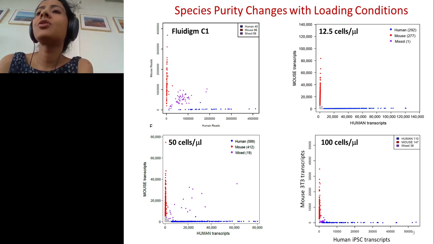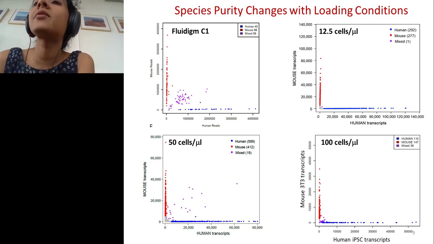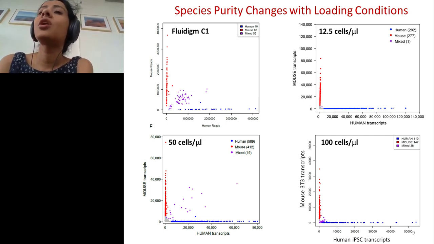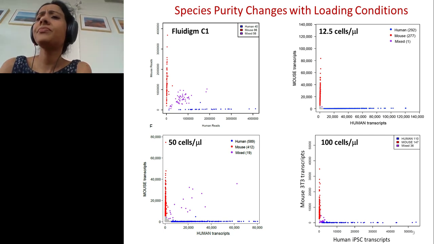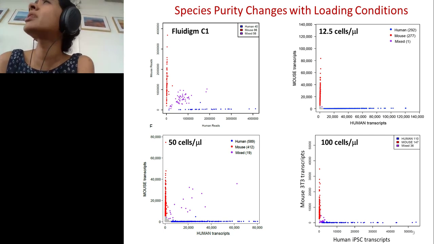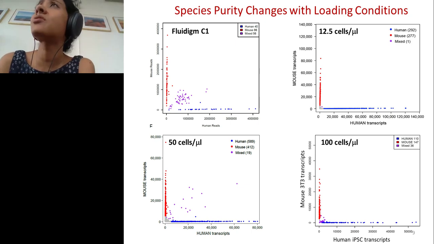So we see in these different panels that by changing the loading cell concentration, you can decrease the number of doublets that are present. And it does not only depend on the loading concentration. That would be the most ideal situation.